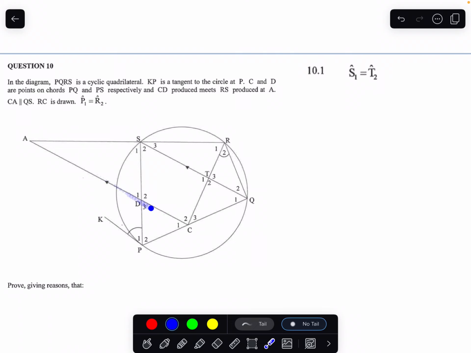Oh, wait, and we got parallel lines, similar triangle stuff going on. I don't know. These two are supplementary, and this is equal to this.